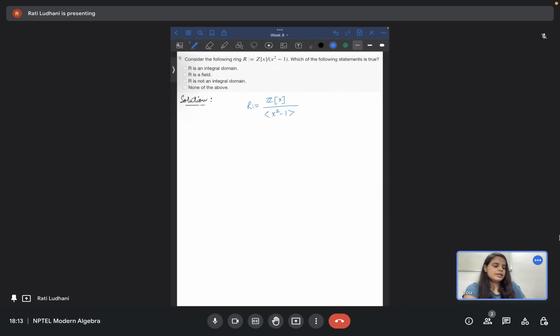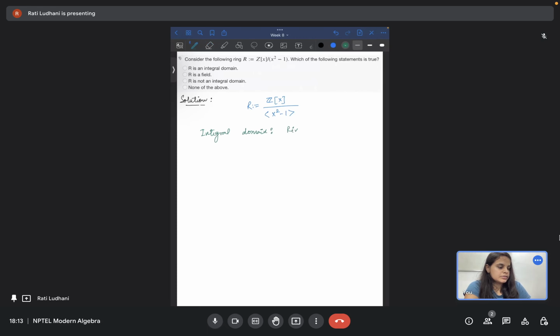So let's see if that is an integral domain. For an integral domain, from the definition, what do we know? R should be a ring first.